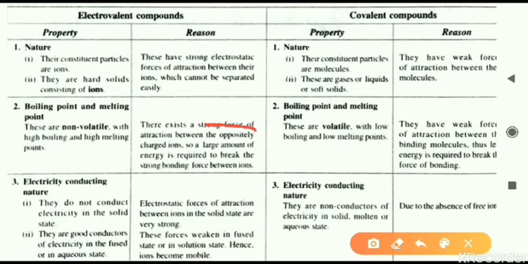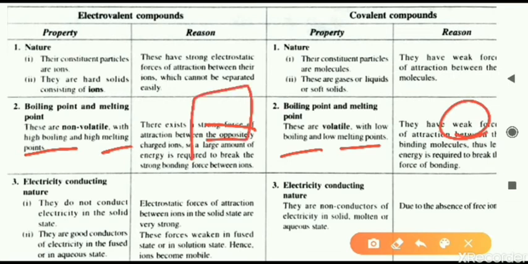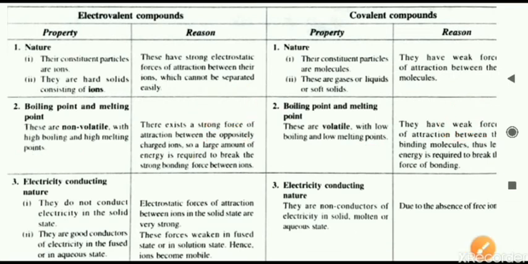As a result, ionic compounds have a high melting point and high boiling point. On the other side, the boiling and melting points of covalent compounds are low because of the weak forces. So that is the reason: weak forces on one side, strong forces on the other, lead to the variation in the boiling and melting point.